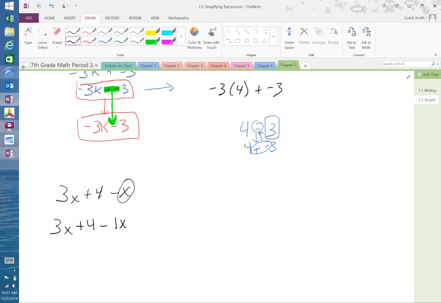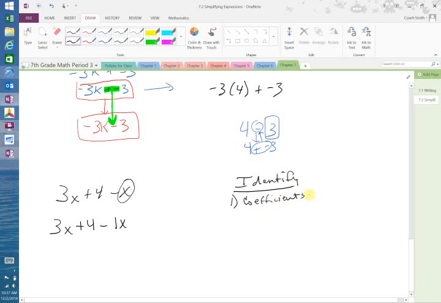Okay? That is what you're going to end up missing on what we're fixing to do now. Okay? In a section of this work, they want you to take the problem and they want you to identify first the coefficients. Okay?